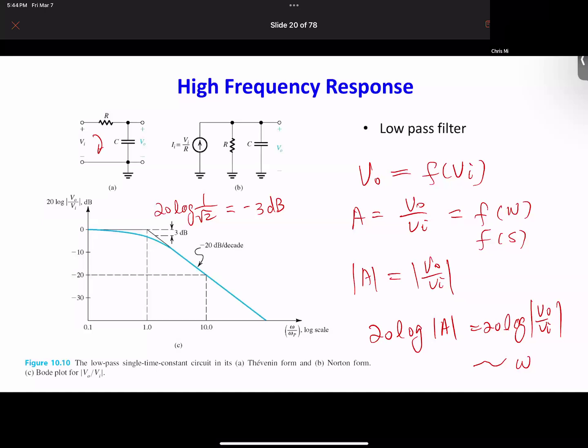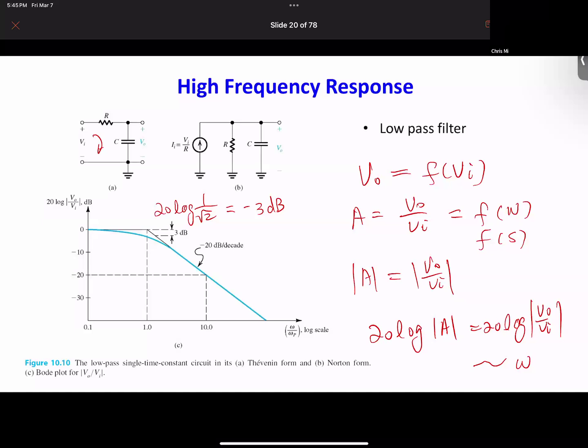If you go 10 times lower than the 3 dB frequency and take the logarithm, you will find it is almost close to 1. Then if you increase the frequency by 10 times from the 3 dB frequency, you'll find it goes linearly, and every 10 times it drops by 20 dB. So from here to here, it drops by 20 dB.